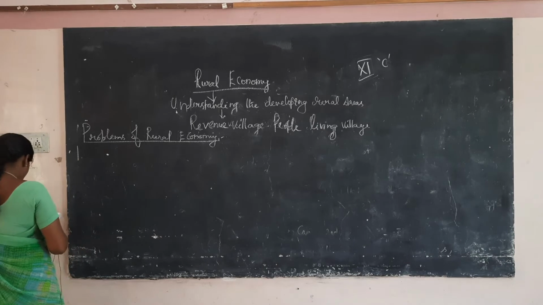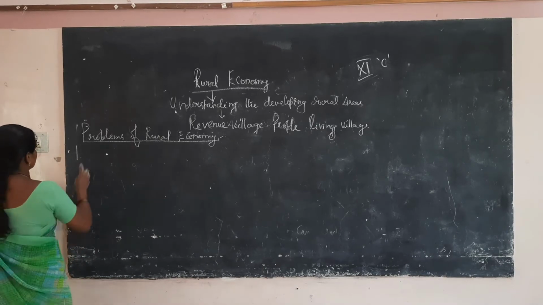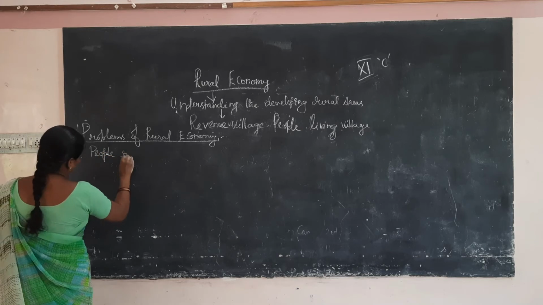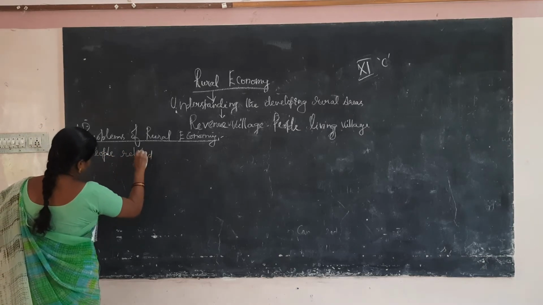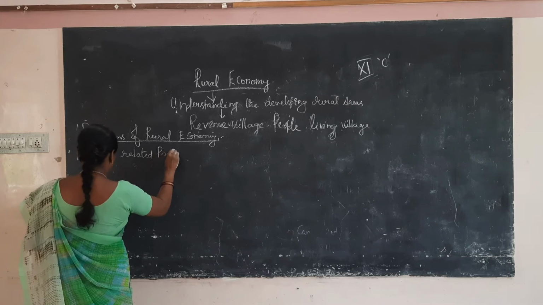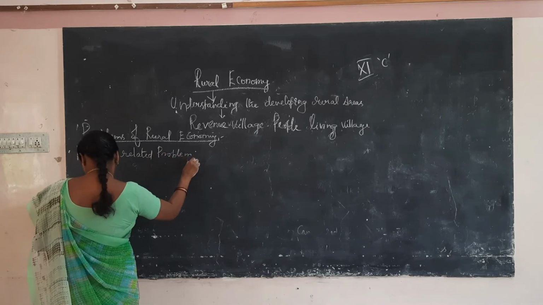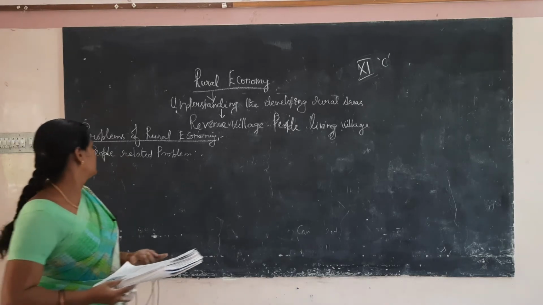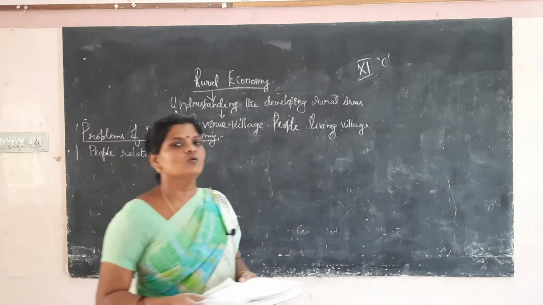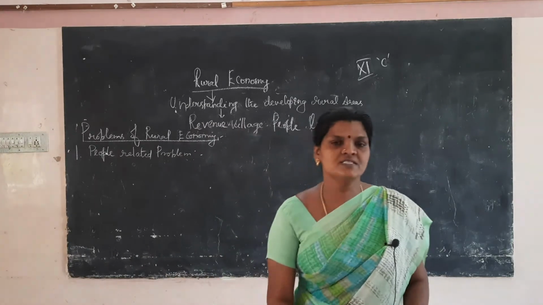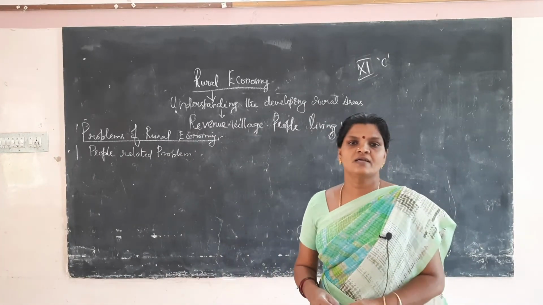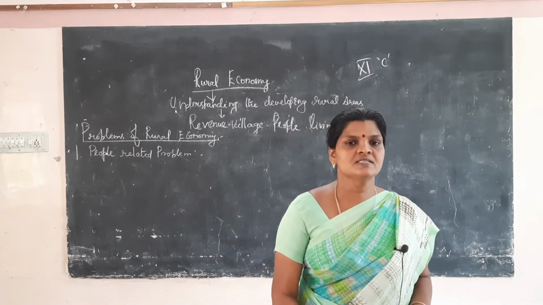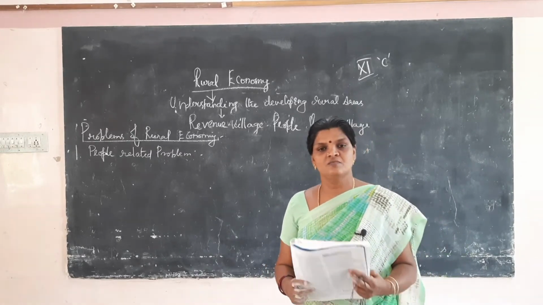First one, people related problem. Here the rural people face the problems of illiteracy and lack of technical knowledge, and their level of confidence depends on sentiments and beliefs.